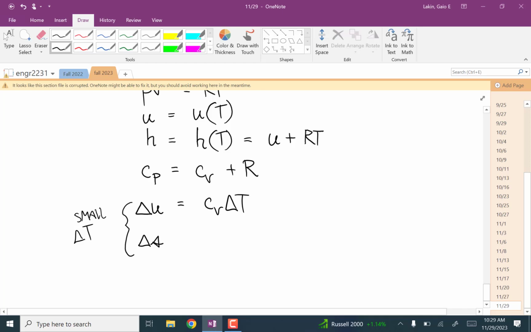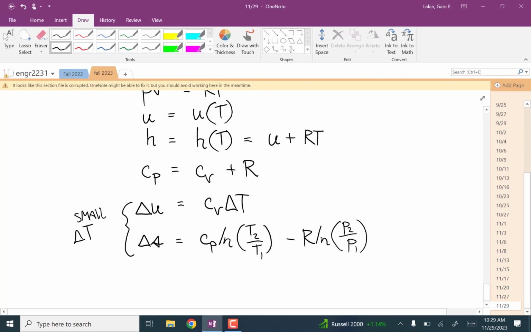The change in specific entropy is CP times the natural log of T2 over T1 minus R times the natural log of P2 over P1.